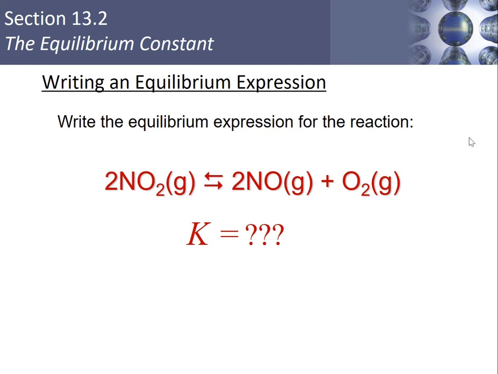All right, let's take a second and try another one. What would the equilibrium expression for this reaction look like? And I'm looking for the Kc. So you should be using brackets to represent the concentration or molarity of our reactants and products. Take a moment in your notes, write down what the equilibrium expression would look like for this reaction.